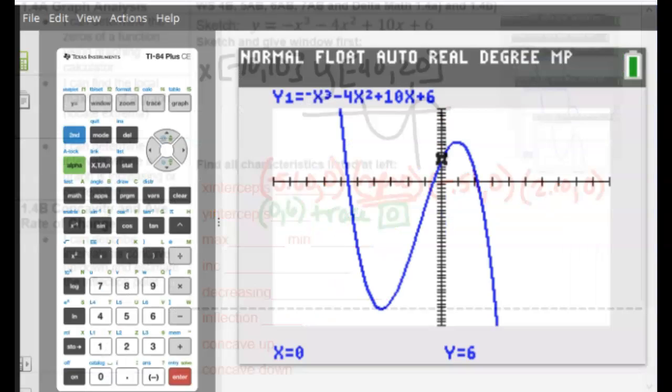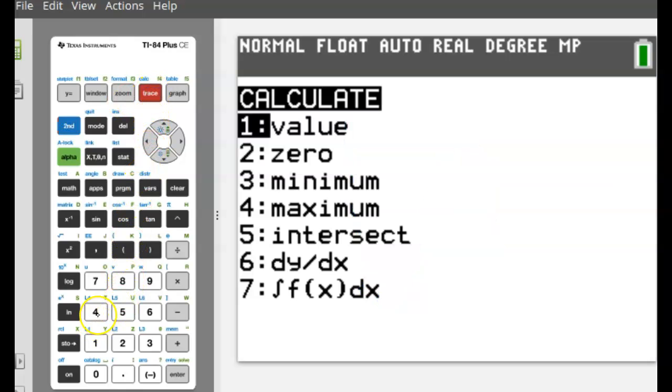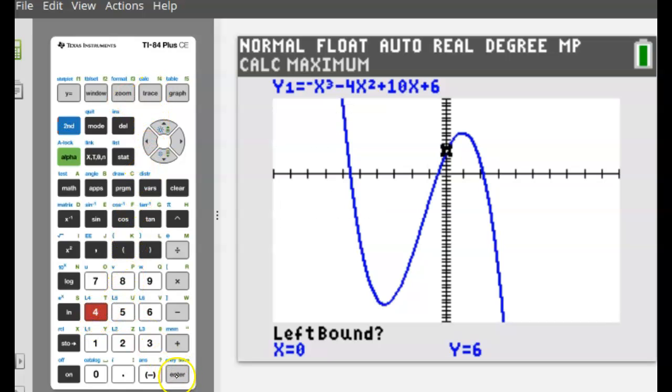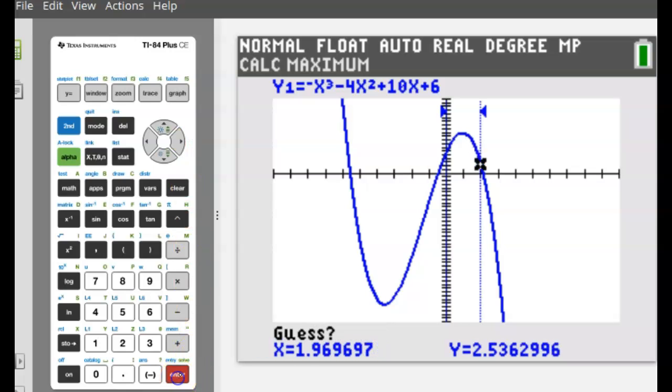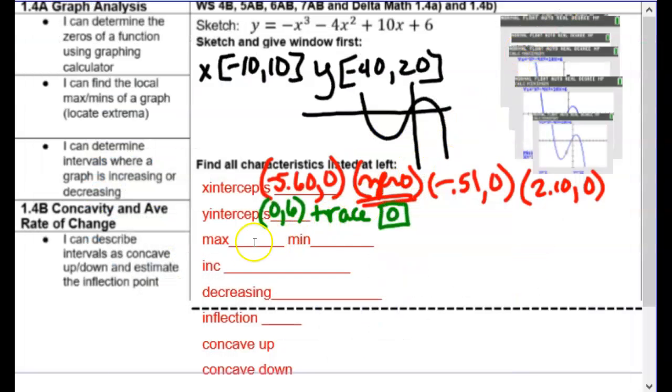Okay, the max and the min. Second trace max. If I'm going to find the max, I am to the left of it now. And then I'm to the right of it, and make sure it's blinking. When it says maximum, make sure it's blinking right up at the top here. Now, the maximum value of the function is actually this 11.04, but it asked on the quiz for an ordered pair.